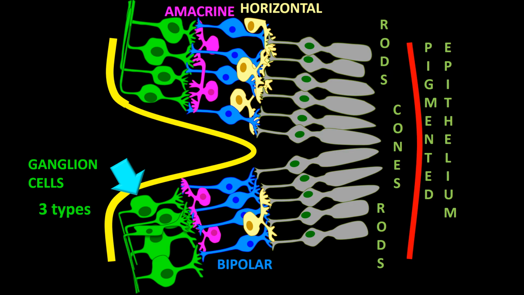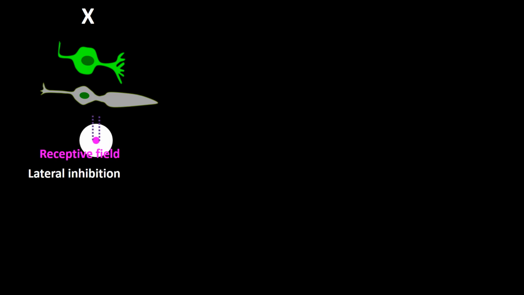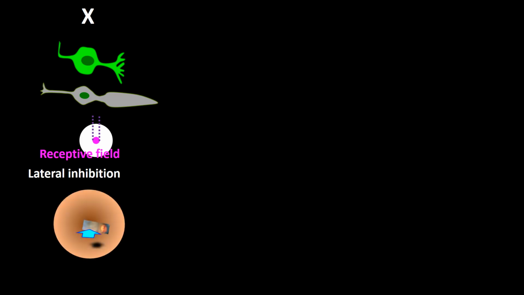There are three types of ganglion cells. One type is called X ganglion cells. This type receives information from the cones. Their fields have lateral inhibition. They serve the area of the fovea, which, as you remember from our previous conversation, is the structure we usually call the macula.